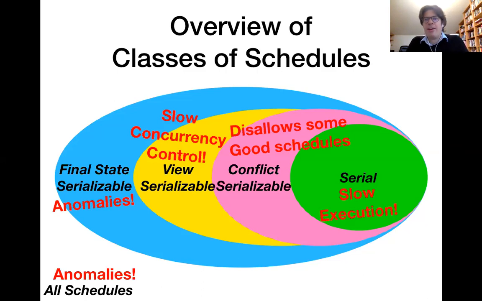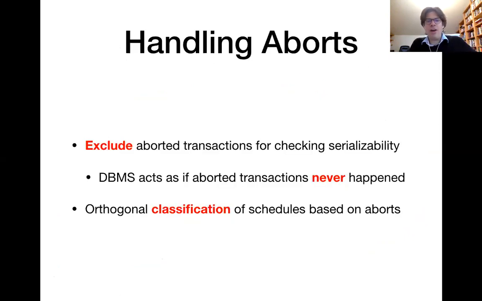All right. So far we have been classifying schedules into this hierarchy, but we haven't really talked about aborts yet. So when testing, for instance, whether a schedule is conflict serializable, you would first of all take out the operations by all transactions that are finally aborting, because the database management system essentially guarantees that transactions that have been aborted, everything looks like they never happened in the end.